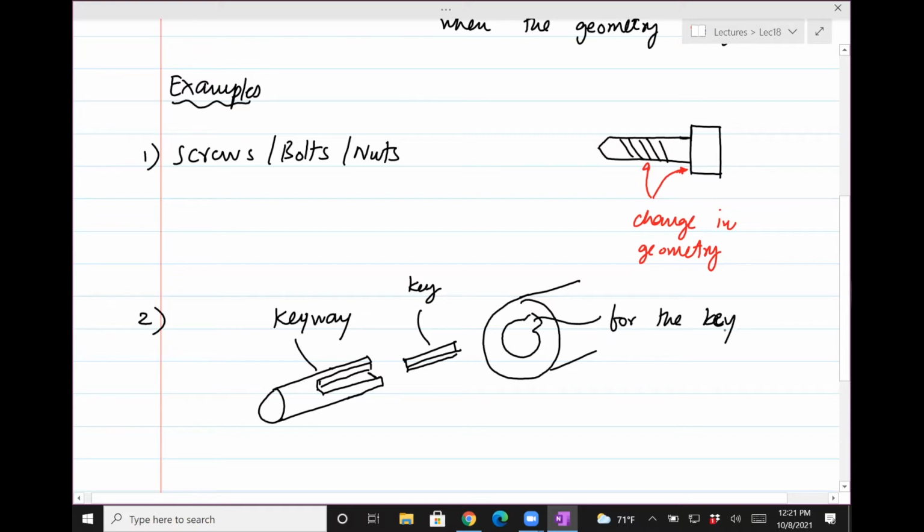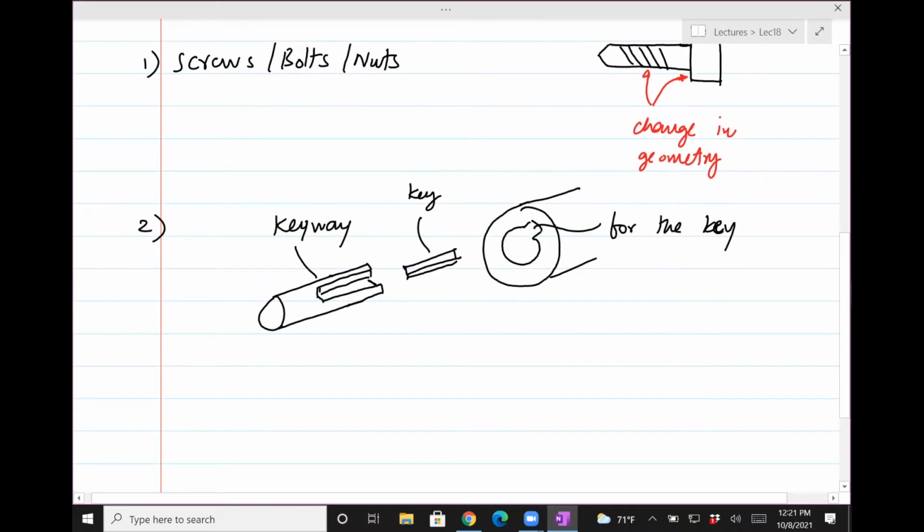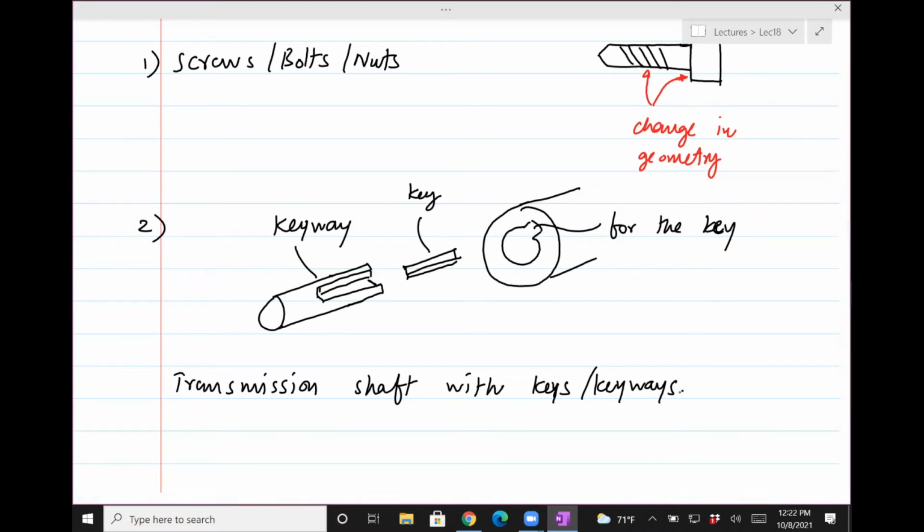When you put things together this way, they stay together without you having to affix them with additional elements. So a transmission shaft with keys and keyways will have stresses showing up on the shaft. You just can't have just a shaft. You need something else to hold them together.